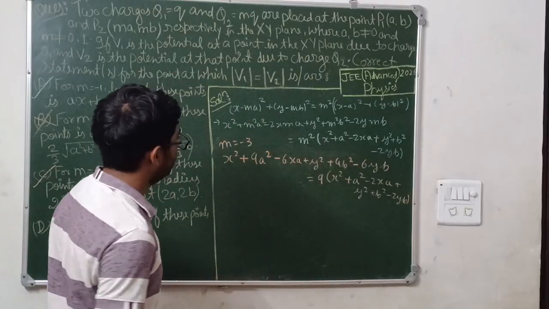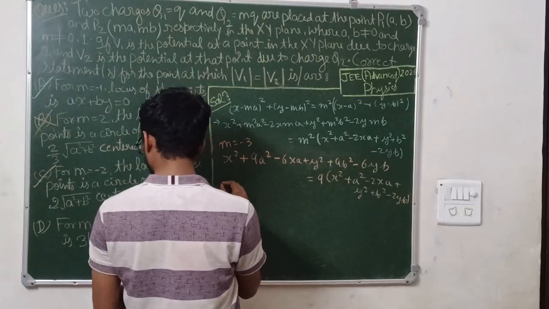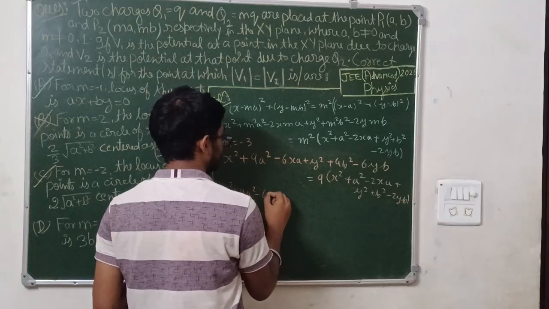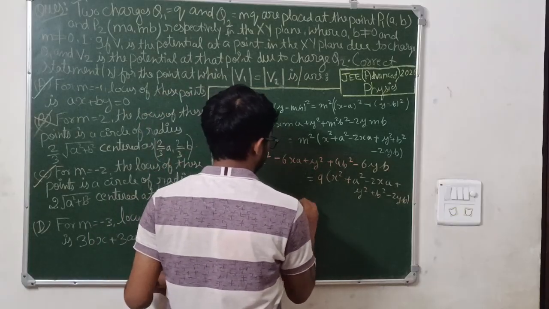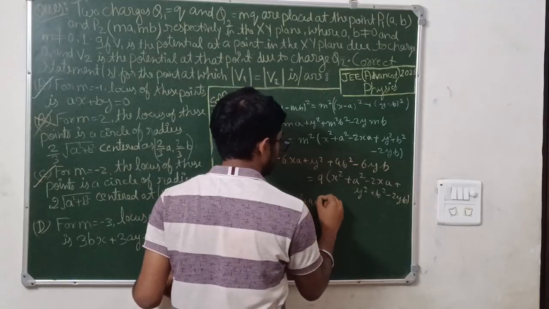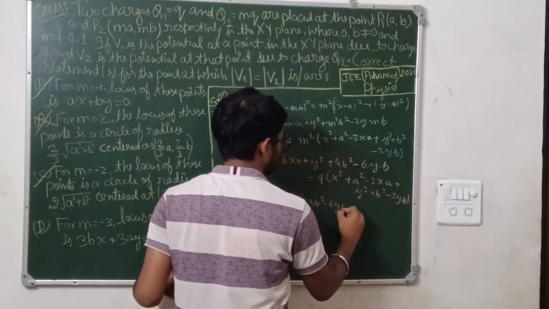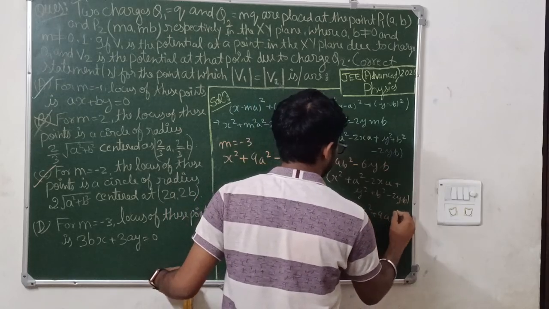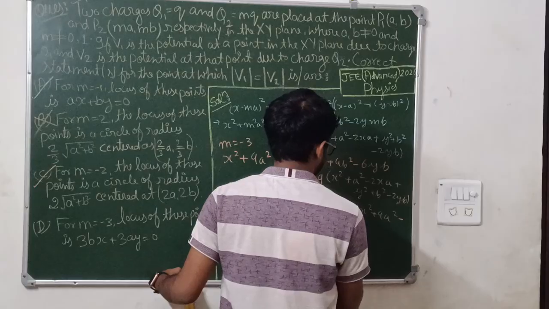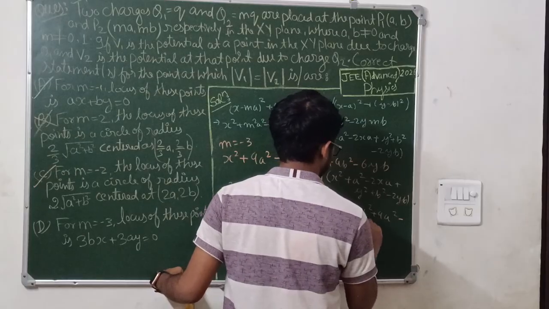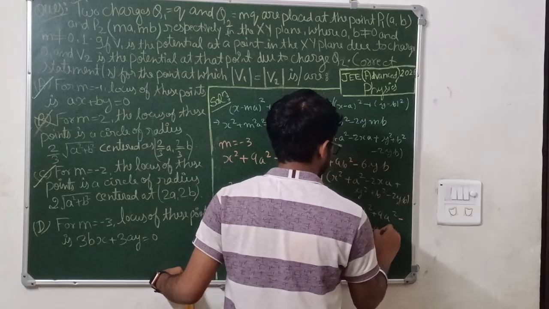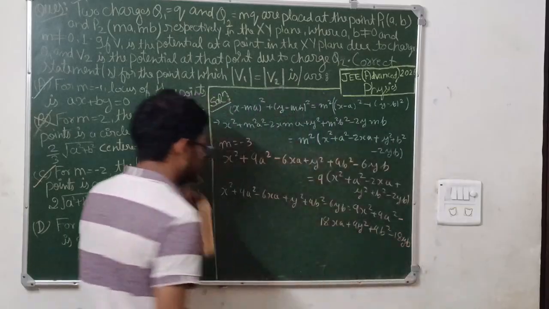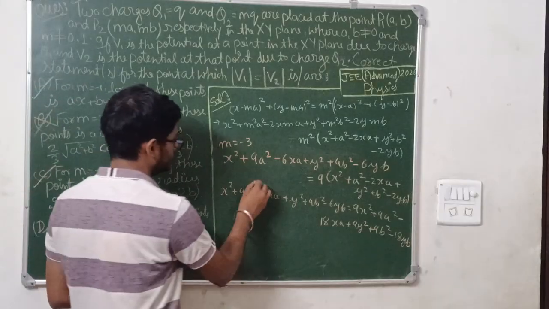This is the equation. So x square plus 9a square minus 6xa plus y square plus 9b square minus 6yb equals 9x square plus 9a square minus 18xa plus 9y square plus 9b square minus 18yb. Now you can see 9a square are cancelling.